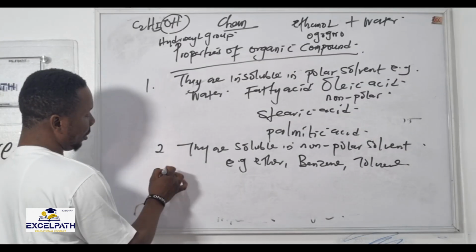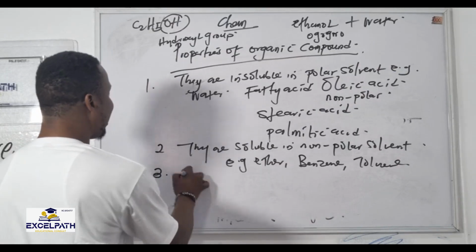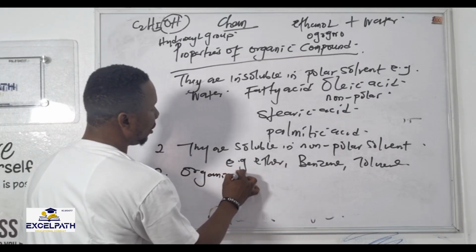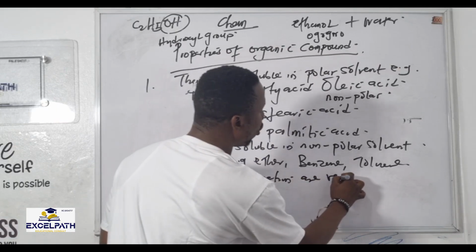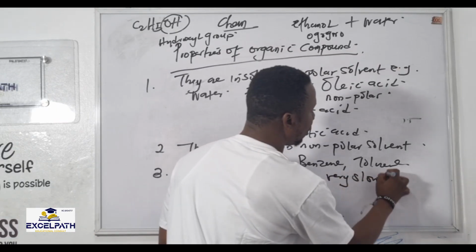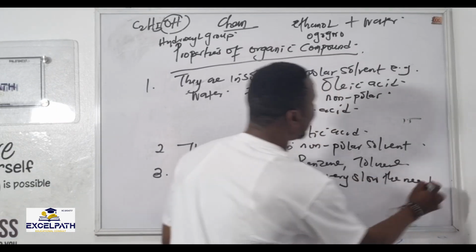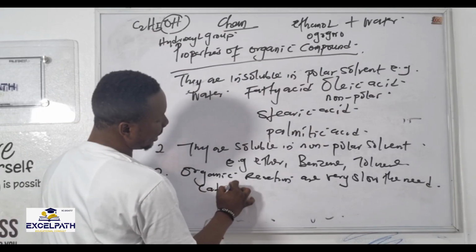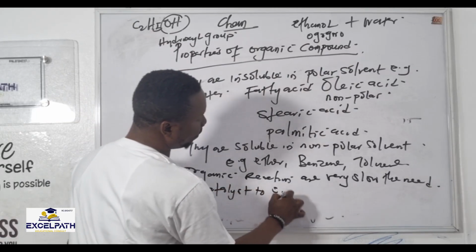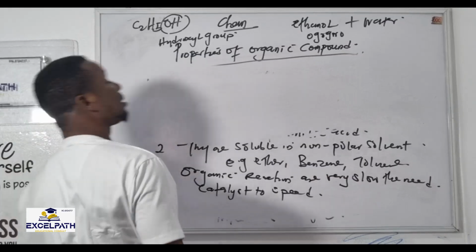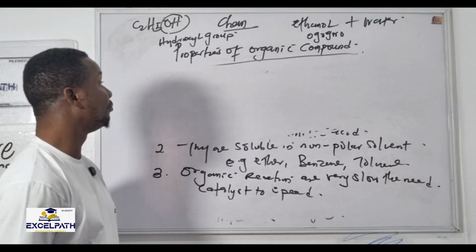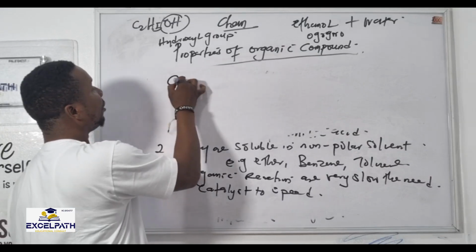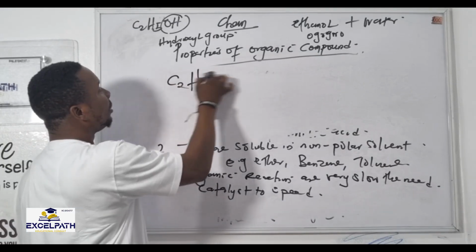Number 3, organic reactions are very slow. They need catalysts to speed up the reaction. Let's look at the addition reaction of an unsaturated hydrocarbon.